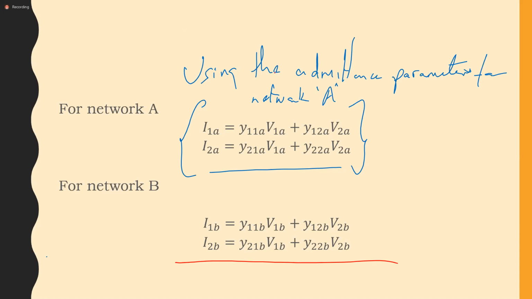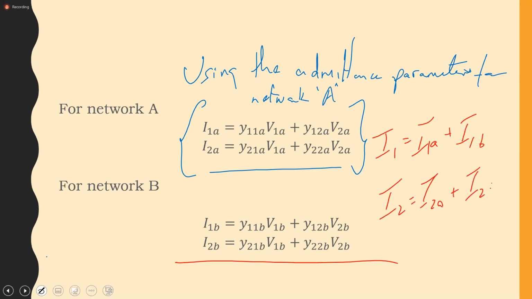Now, I have these two equations for network A and network B. But as we said just now, I1 was equal to I1A plus I1B, and also I2 would have been equal to I2A plus I2B. So I simply can add these two. And we also know that the voltages were equal.